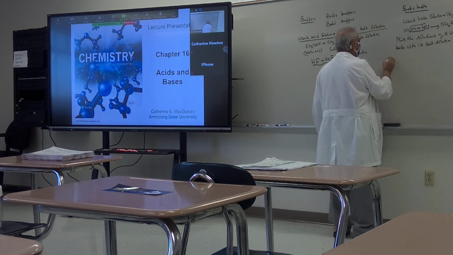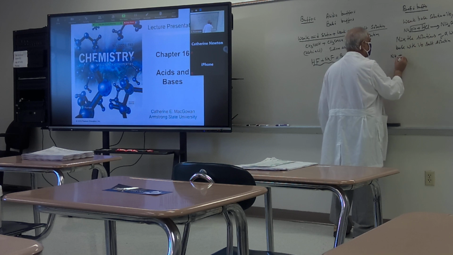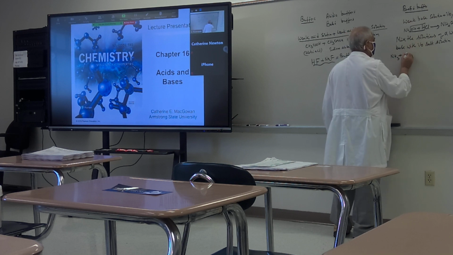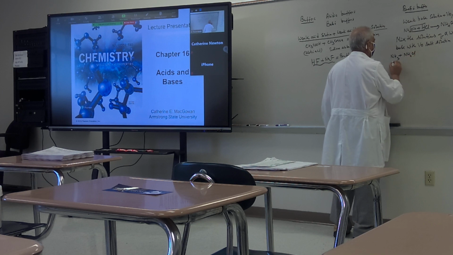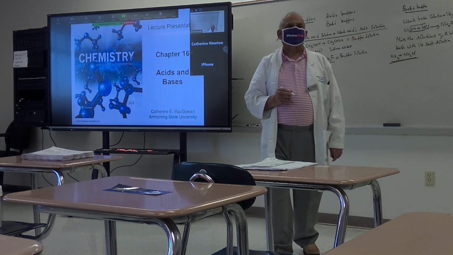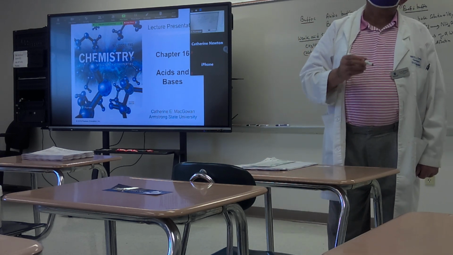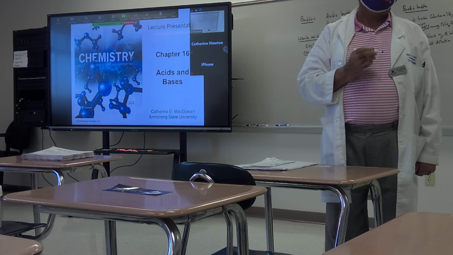So therefore, if you mix ammonium hydroxide or ammonia plus ammonium chloride, this base and its salt, definitely the pH will be greater than 7, which is a basic buffer solution.